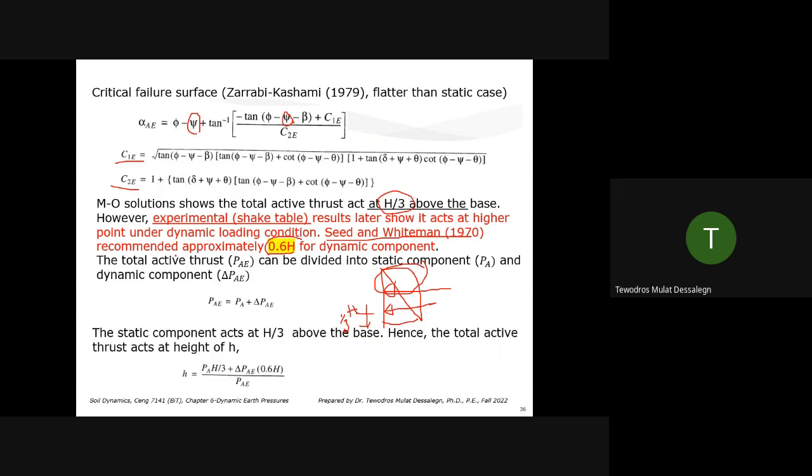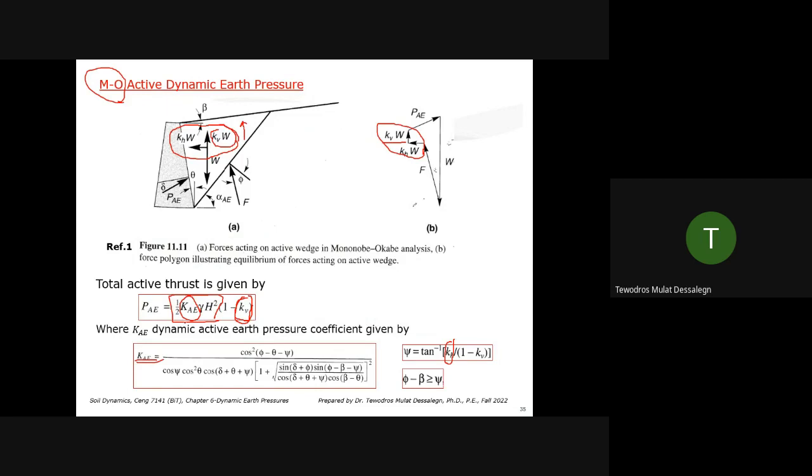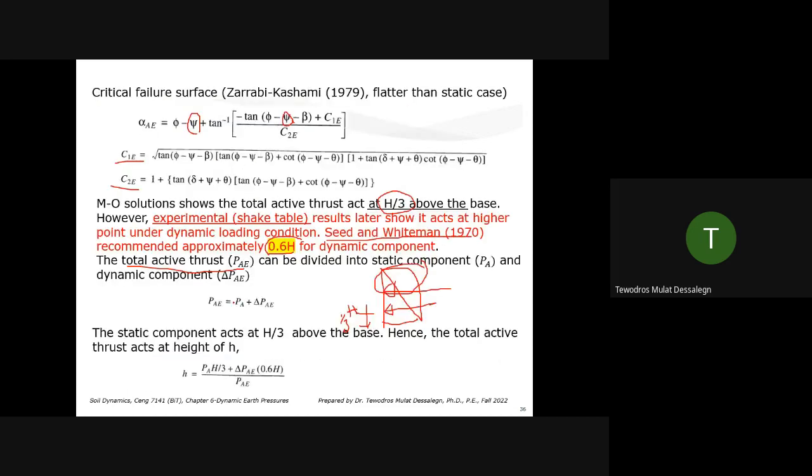But the total active thrust we calculated is a combination of both static and dynamic, right? This one. It's a total active thrust. It contains the static and the dynamic together. So the total one is static plus the change due to dynamic. The static component is at H/3 from the base.